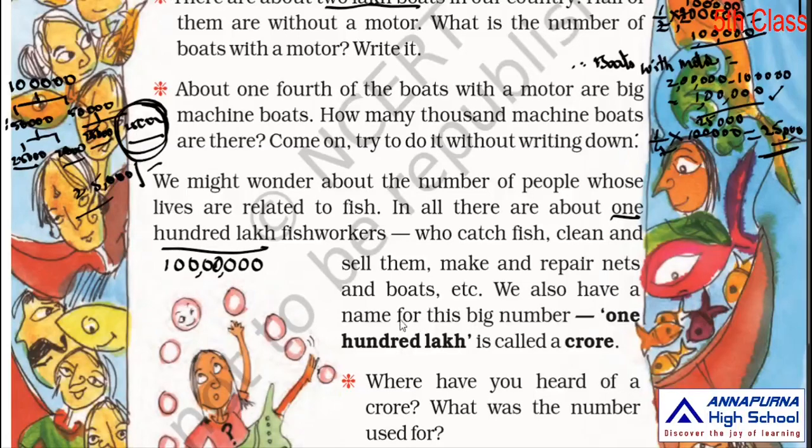We also have a name for this big number, that is 100 lakh. This 100 lakh can be written like this, and if you put commas according to the Indian system: ones, tens, hundreds, comma, thousand, 10,000s, comma, lakhs, 10 lakhs, comma, crore.